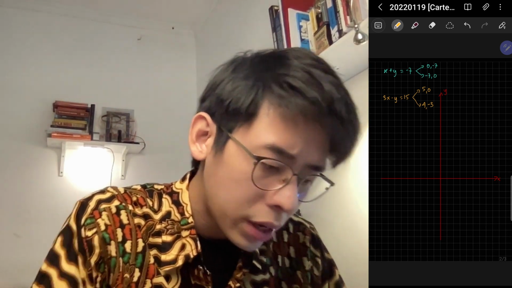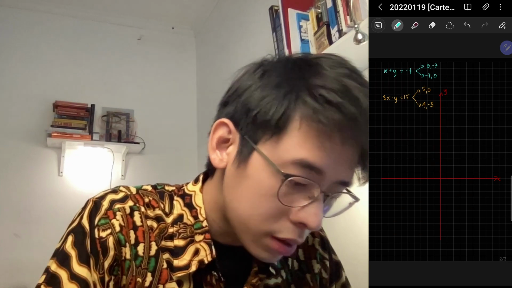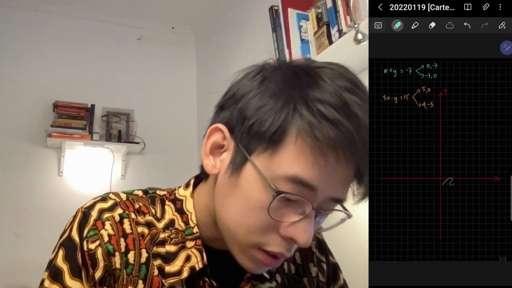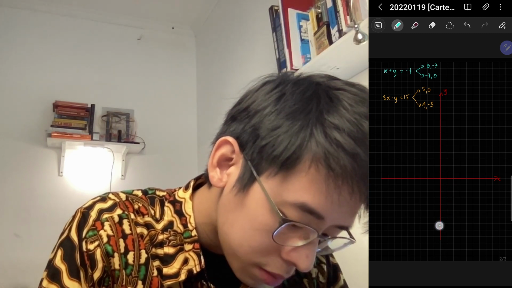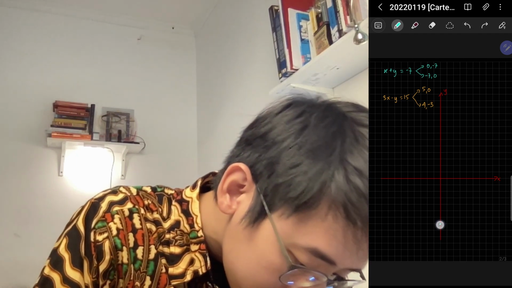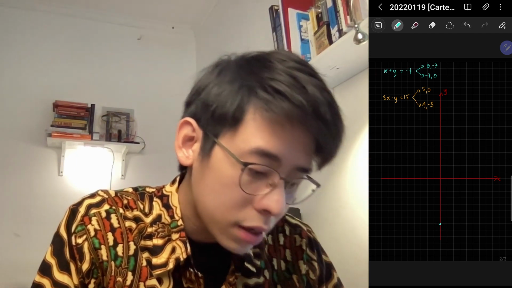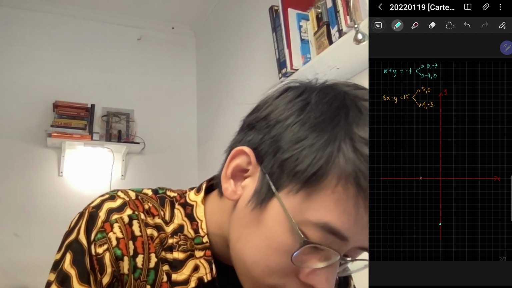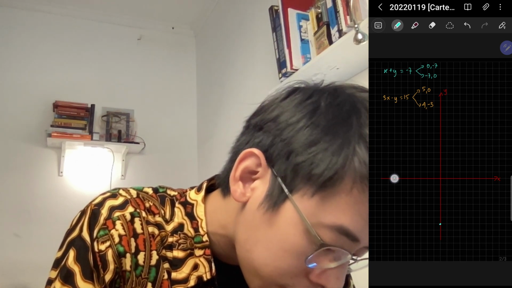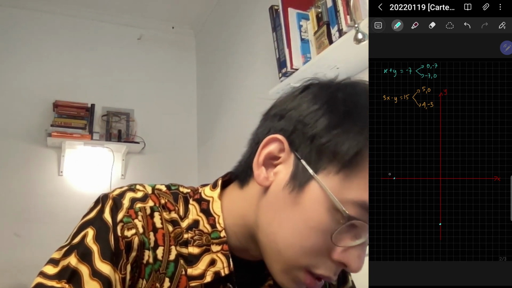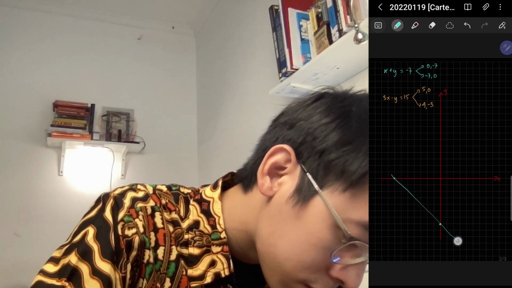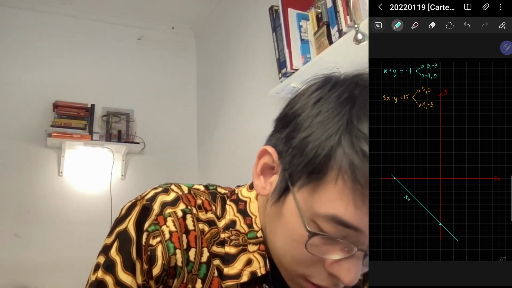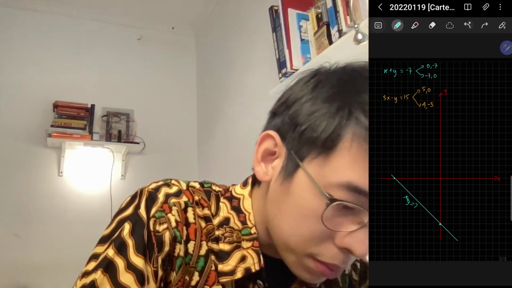Okay, so we have the coordinates now. So we put them in the Cartesian diagram: (0, -7), and (-7, 0). Okay, so this is the line x plus y equals minus 7.